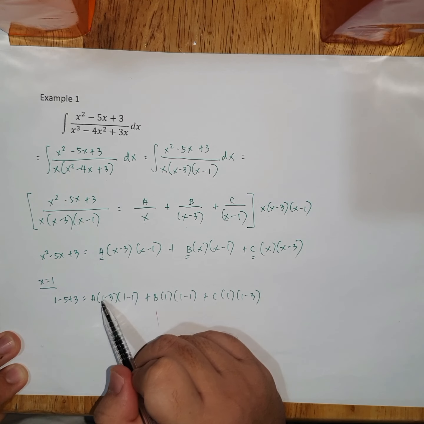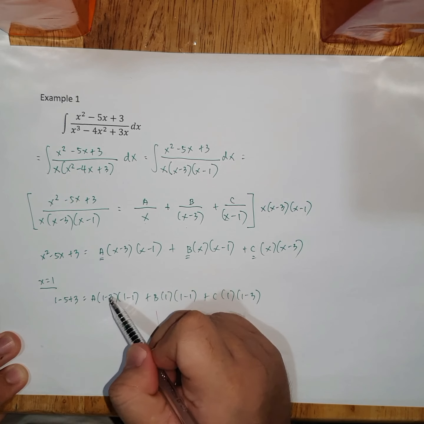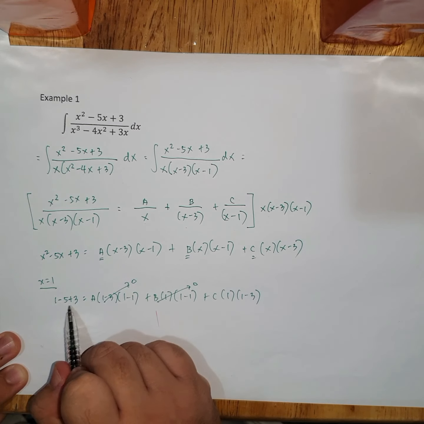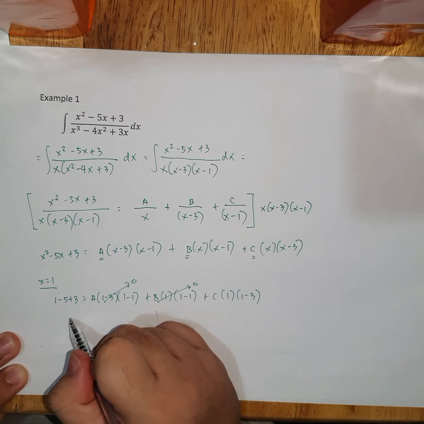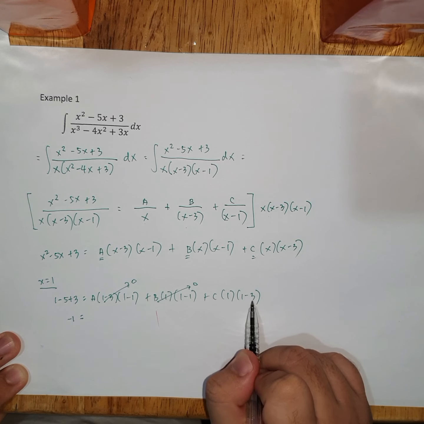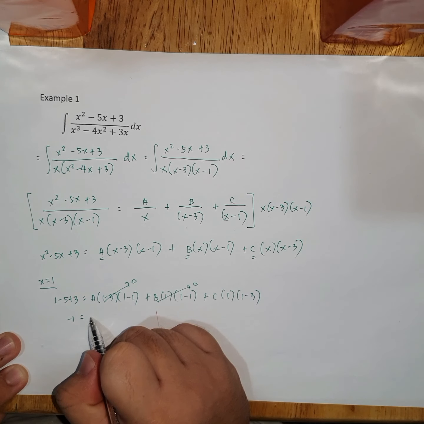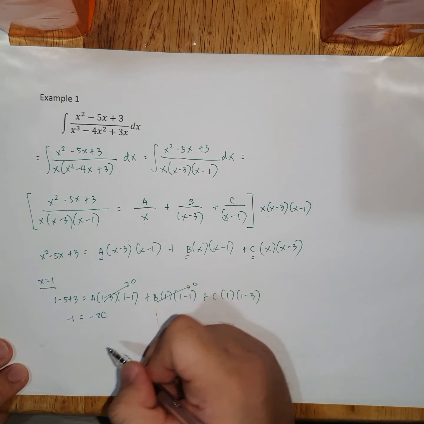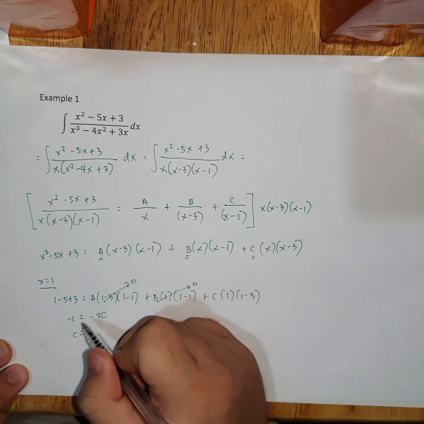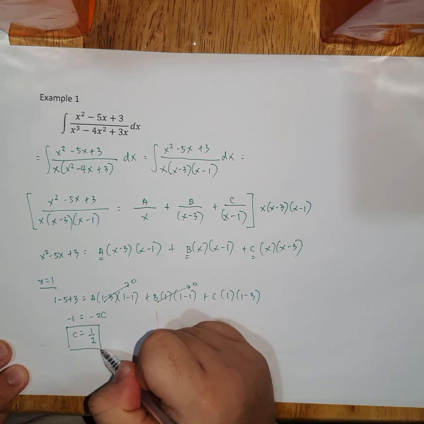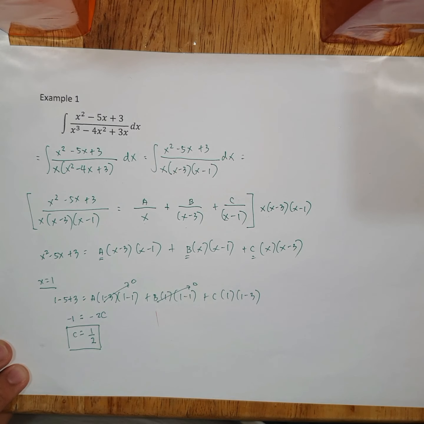So 0 times any number multiplied with 0 will be 0. So simplify natin to. This will be negative 1 is equals to negative 2 times c. So negative 2c. Okay, so pag simplify natin, c is equals to 1/2. Okay, so meron tayo isang value ng unknown. C is equals to 1/2.